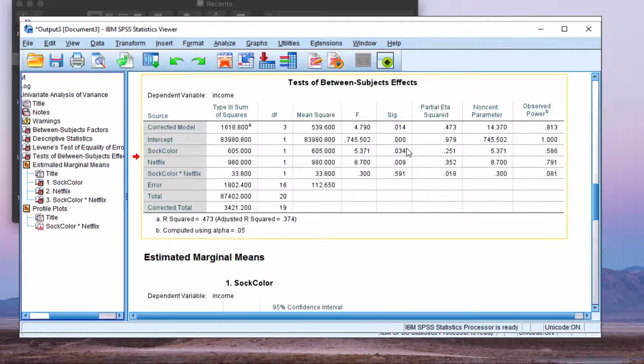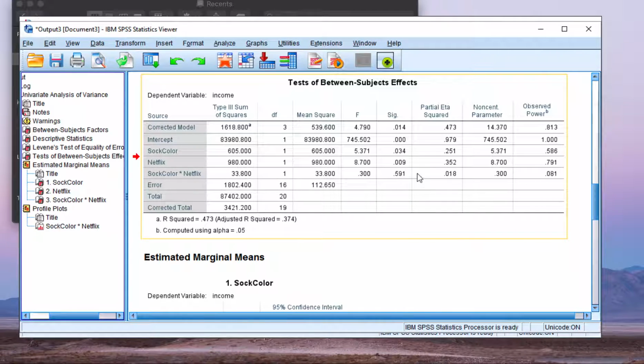less than 0.05. Then when we look at our interaction, which can be found here, its significance is 0.591. And 0.591 is telling us that it is greater than 0.05 of alpha and therefore not significant.